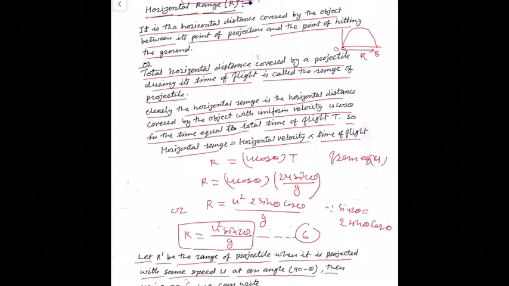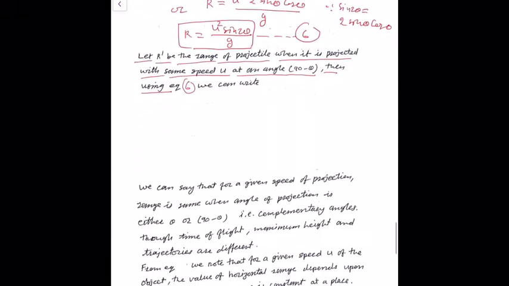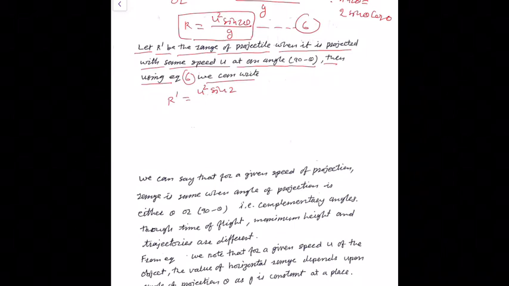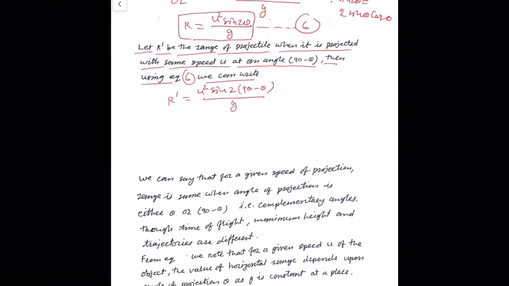Then using equation 6, we can write r dash is equal to u square sin 2, put 90 minus theta in place of theta, so 90 minus theta upon g is equal to u square sin 180 minus 2 theta upon g.